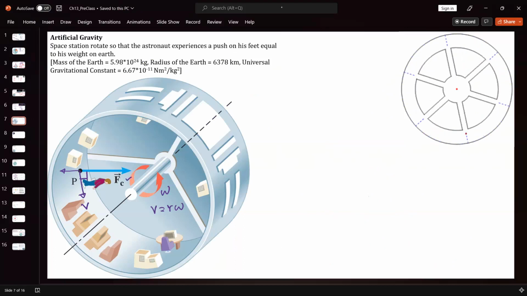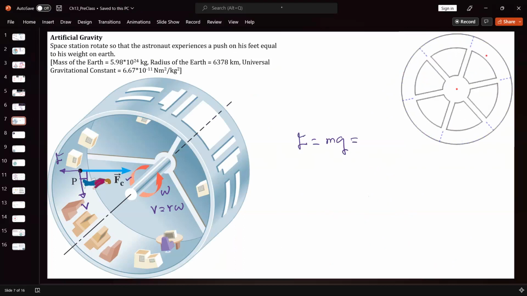If that reaction force is equal to mg, like we experience on the Earth's surface, then this person is going to feel like he's on the Earth's surface. That's it. The centripetal force is mass times v squared over r. Then the mass cancels out.